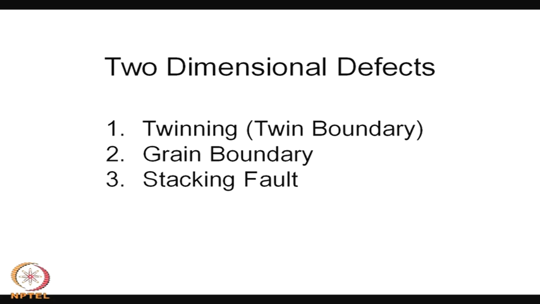To start with, there are three types of two dimensional defects. The first one is twinning, and by that process we generate defects like twin boundaries. The second one is grain boundaries, and the third one is stacking faults. Sometimes they are also called surface defects, because basically two dimensions form a surface.